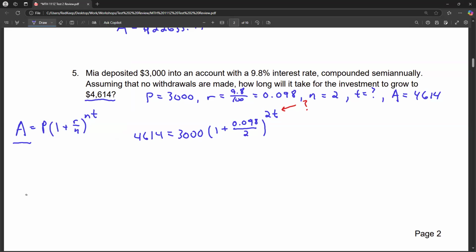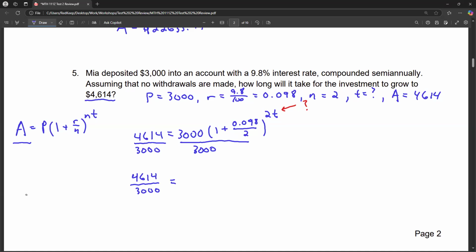So the first step I'll do here is divide both sides of this equation by 3,000, to get rid of this coefficient out front, because 3,000 divided by 3,000 is just equal to 1, which is a favorable result. So on the left, we'll just get this 4,614 divided by 3,000. And then those 3,000s just go away.